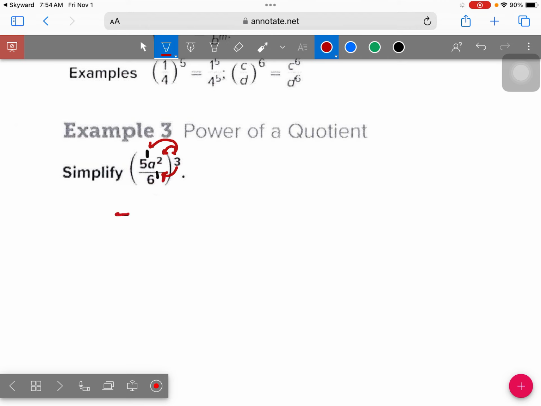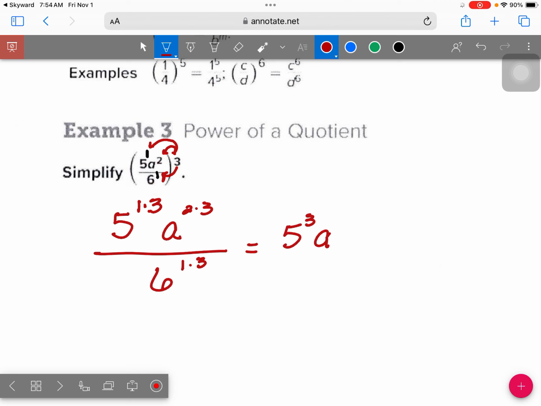So this is 5 to the 1 times 3 times a to the 2 times 3, all divided by 6 to the 1 times 3. So that is 5 to the 3rd, a to the 6th, all divided by 6 to the 3rd.